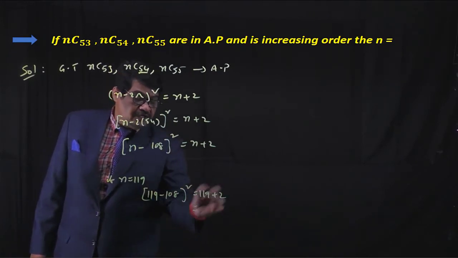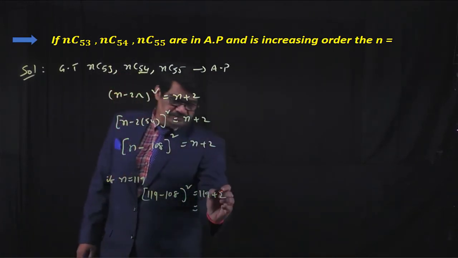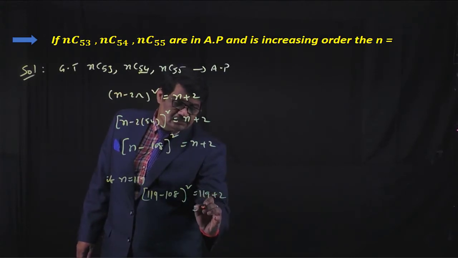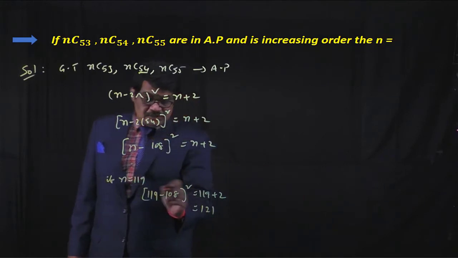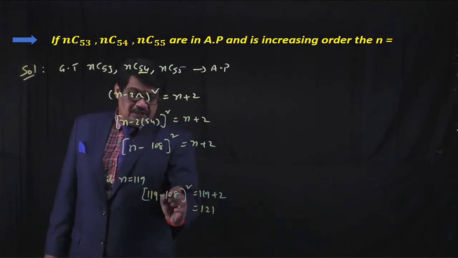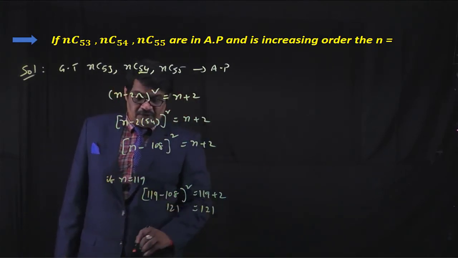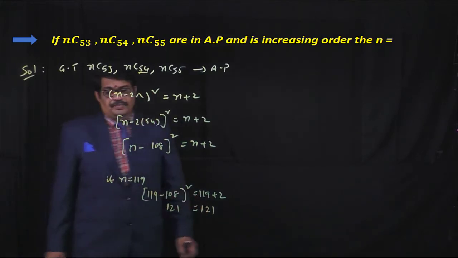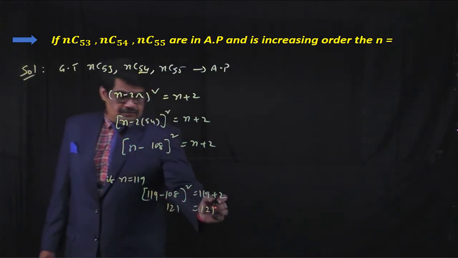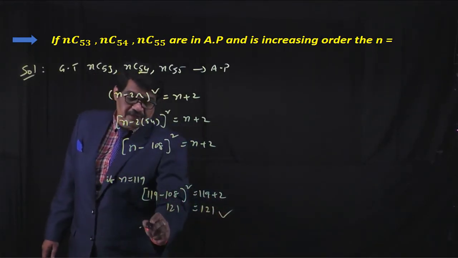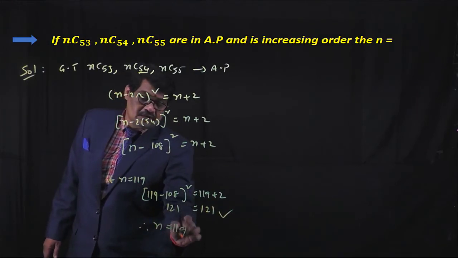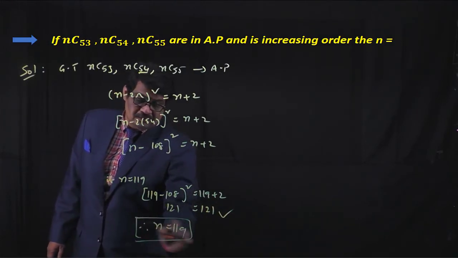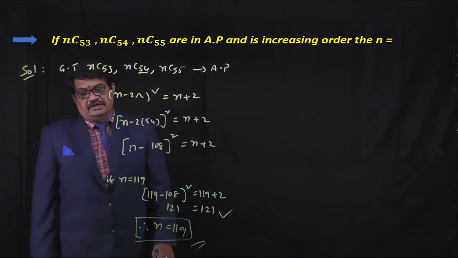What is 119 + 2? That is 121. Here also 11² is 121. Okay, that is satisfying this value. So n = 119.